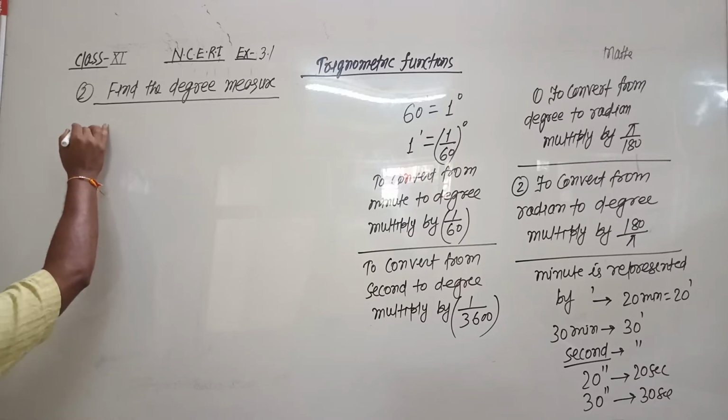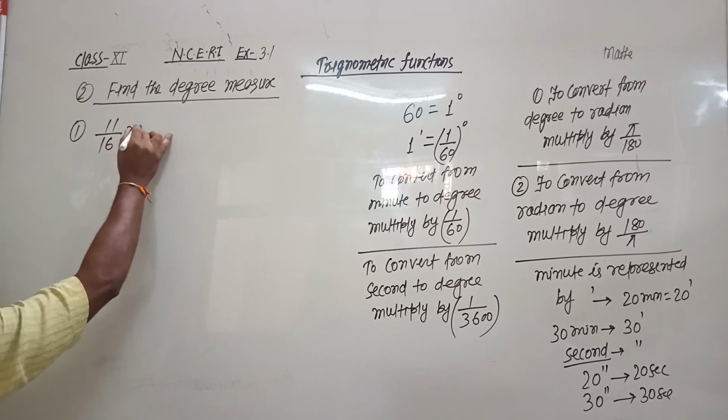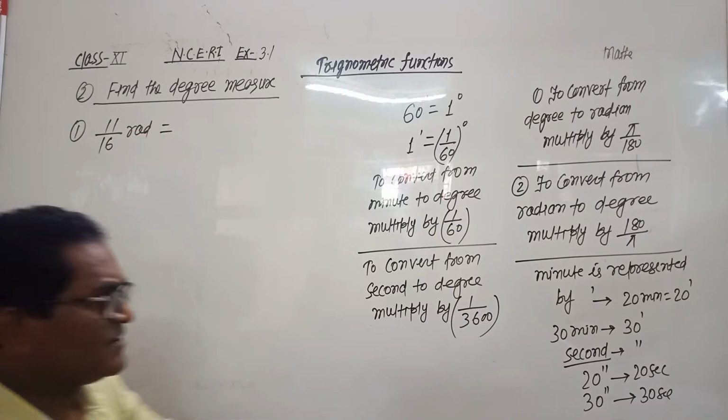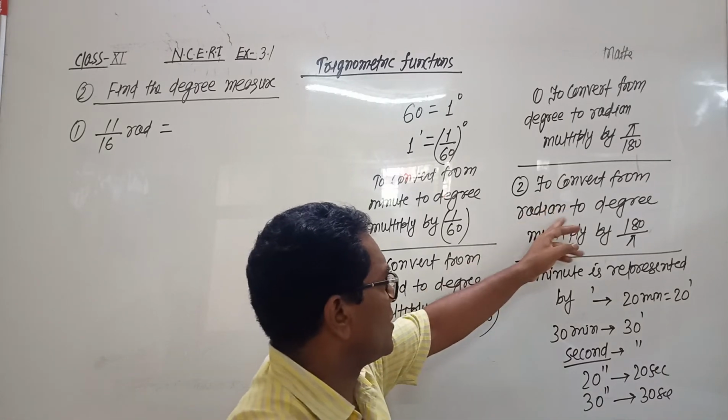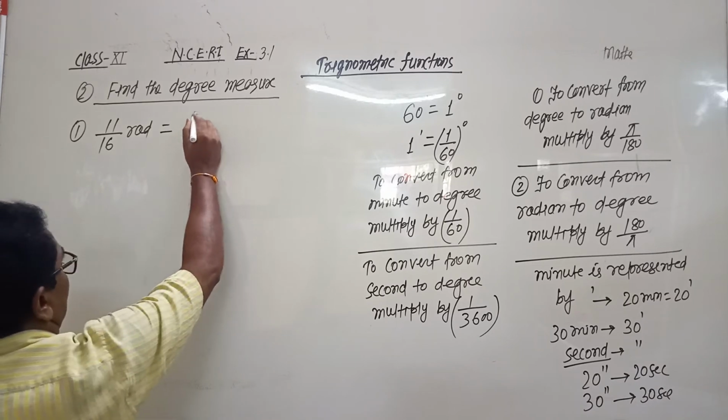First part is 11 by 16 radian. We have given 11 by 16 radian. So second formula will be used to convert from radian to degree. Multiply by 180 by pi.